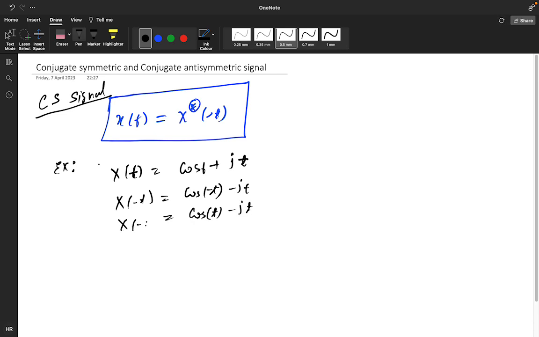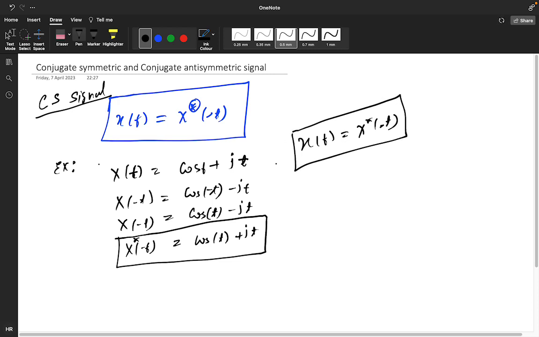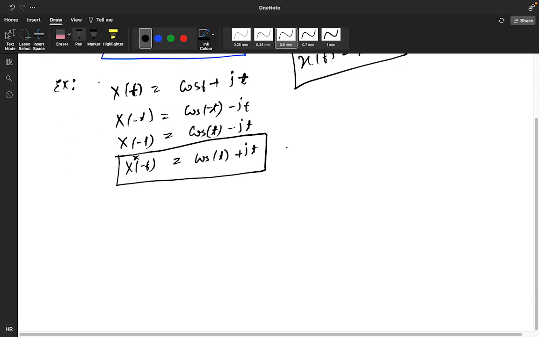Now if you take the conjugate of x of minus t, what will you get? Cos t plus jt. So the same thing is coming. x of t is equal to x conjugate of minus t. So this kind of signal is known as a conjugate symmetric signal. Understood? Yes, sir.